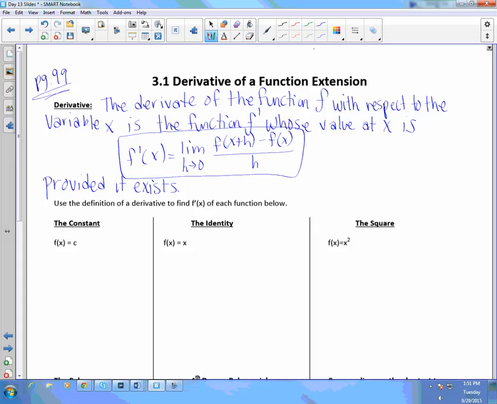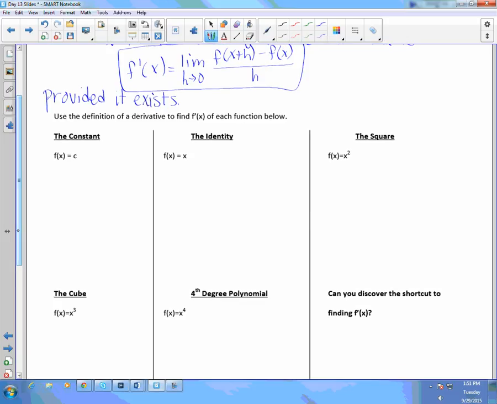So using the definition of derivative, we're going to find f prime of x. F prime means it's the first derivative of the function. F of x is the function, and when we say f prime, that means it's the first derivative. So on the constant, f of x equals c.